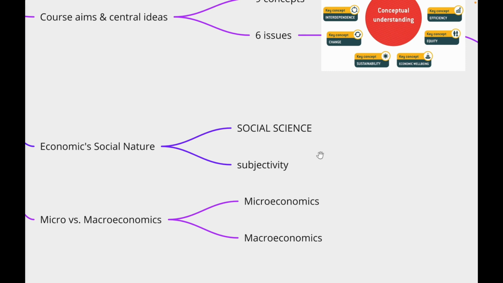And the science aspect is because it uses scientific methods to explain and predict economic events and outcomes. So coming together, people can't have everything that they desire. So this is when economics steps in. Beyond that, economics proposes a hypothesis about certain variables and observes data for patterns. So these are what constitute it to be a social science.